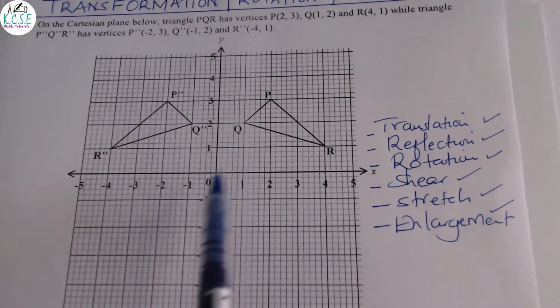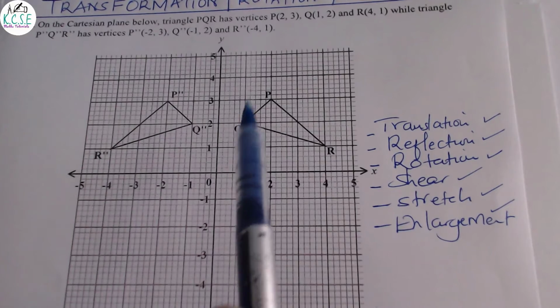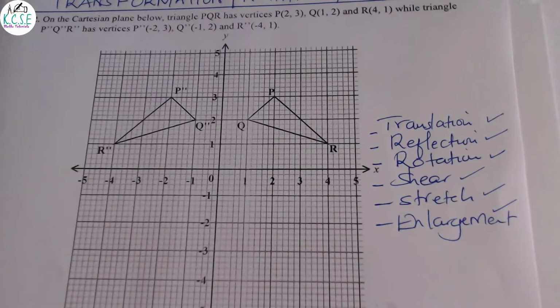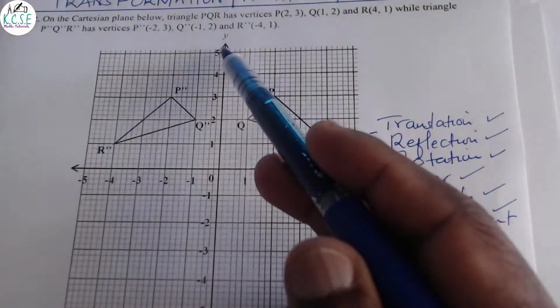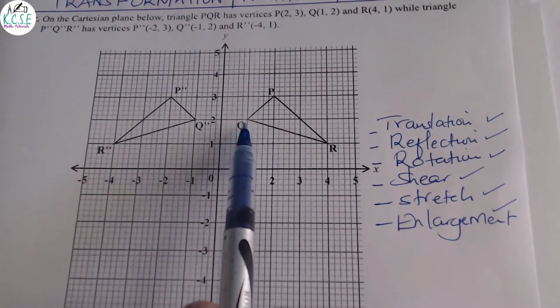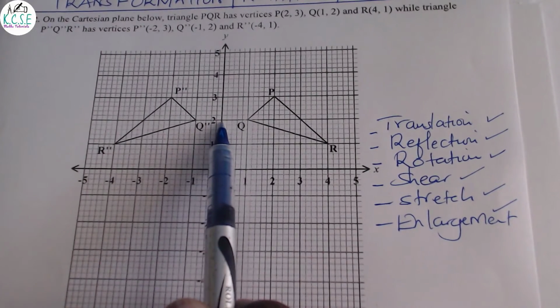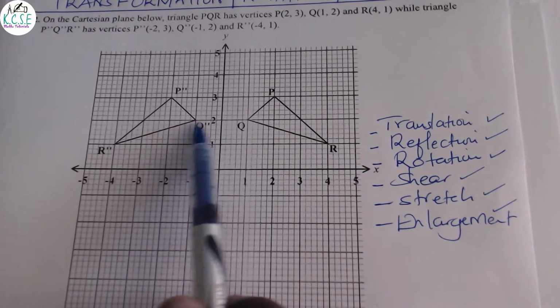So very quickly, when you look at these two, there's something that you realize that will help you to identify the type of transformation. Number one, I look at this line, the y-axis, and then look at this distance. For example, from Q to the y-axis, then from the y-axis to Q', that distance is the same.